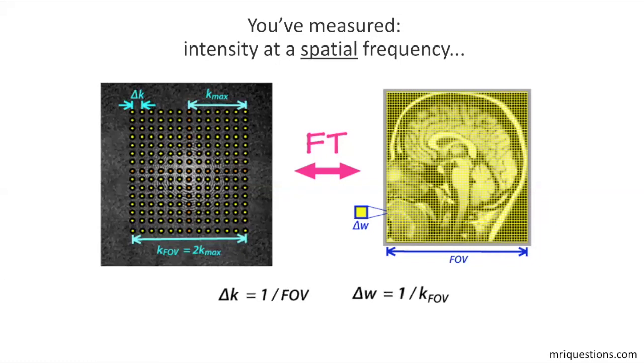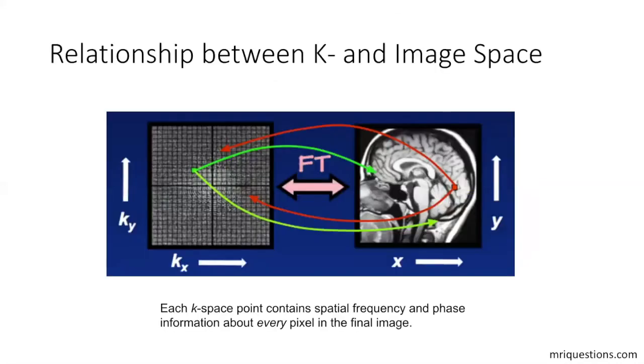And similarly, the extent that we cover in K-space, the K FOV, is inversely proportional to the resolution of our final image. So it's very important to remember this inverse correlation between these two domains.